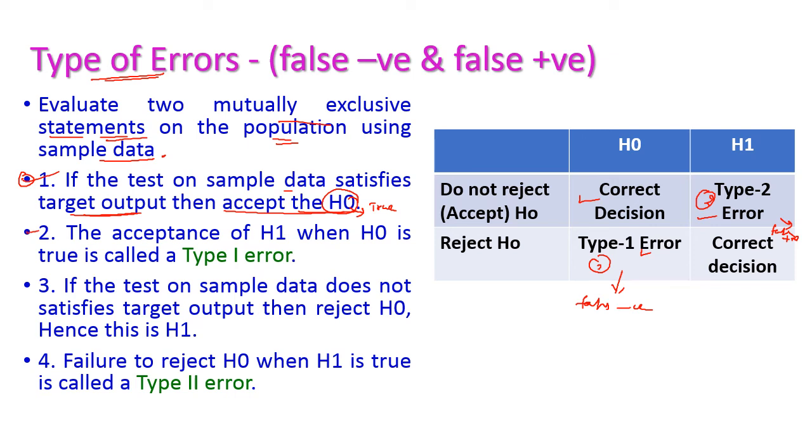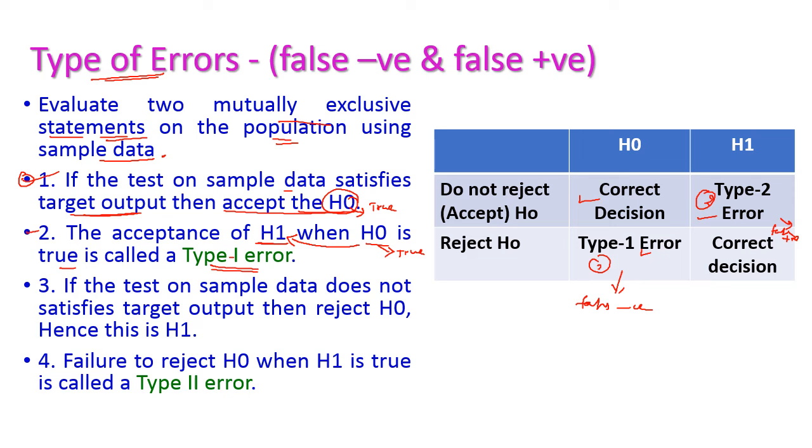And second one, the acceptance of H1 when H naught is true. Okay, we know very well that H naught is true, but because of lack of evidence, we cannot prove this H naught. Hence, it obviously classifies to H1. Then this type of error is called as type 1 error.